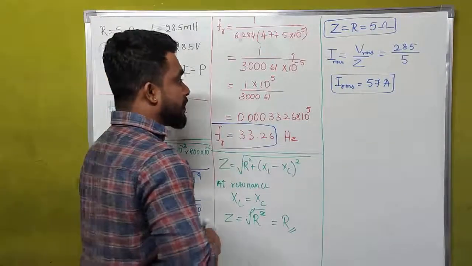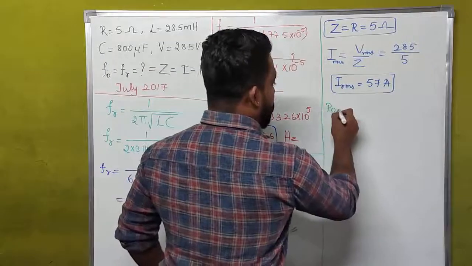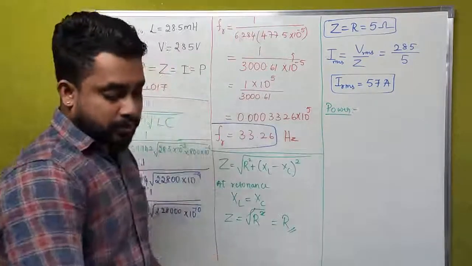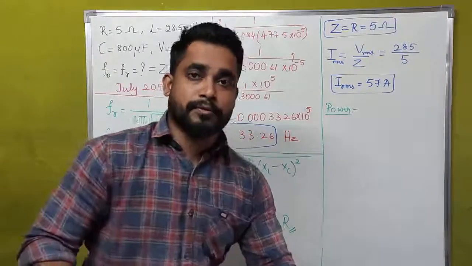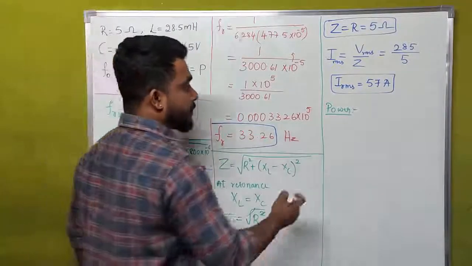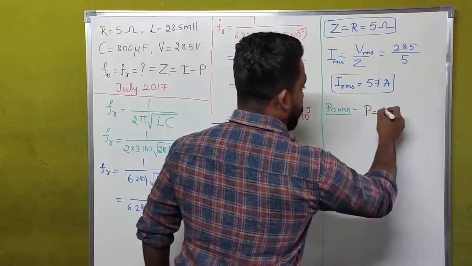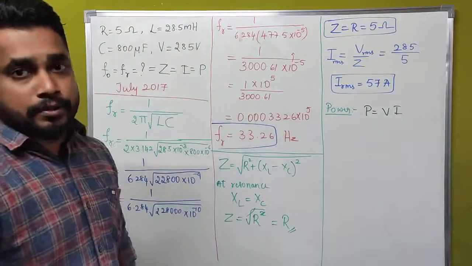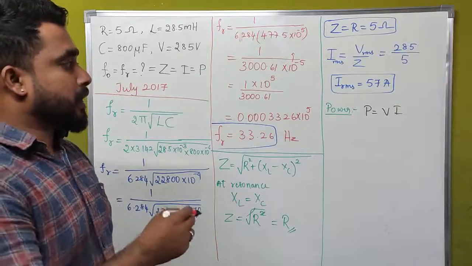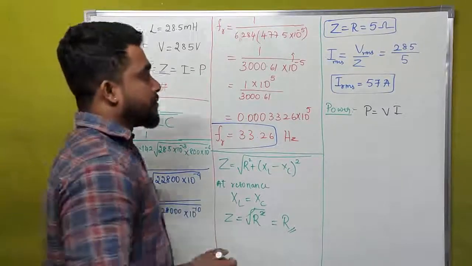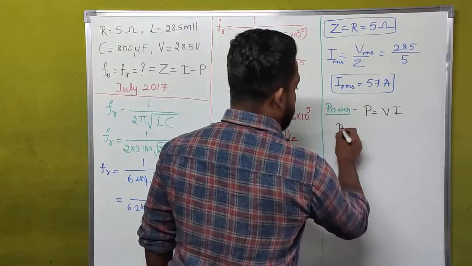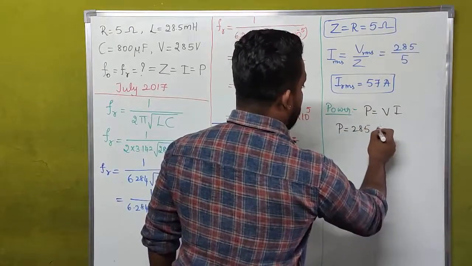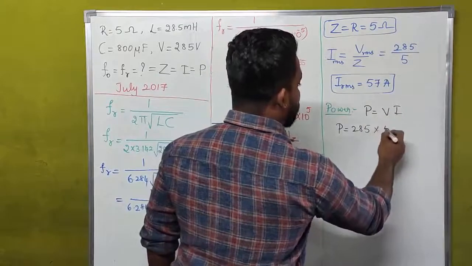And the last thing is the power dissipated in this circuit. What is the expression for power? P is equal to V into I, or you may write that as VRMS into IRMS. Then P is equal to 285 into the current 57.